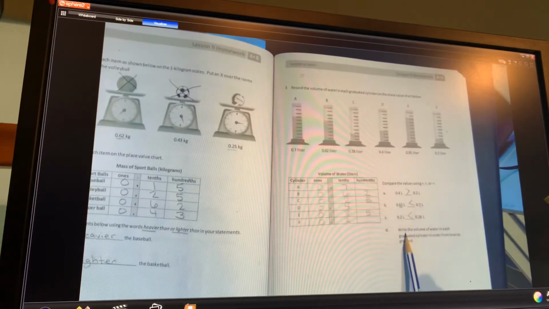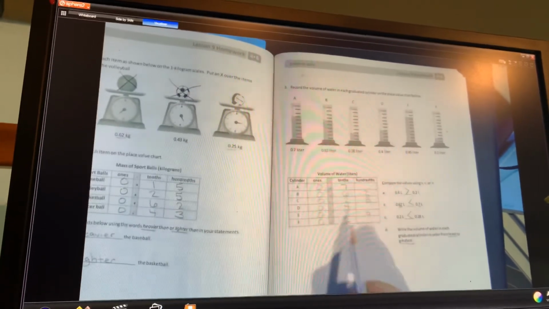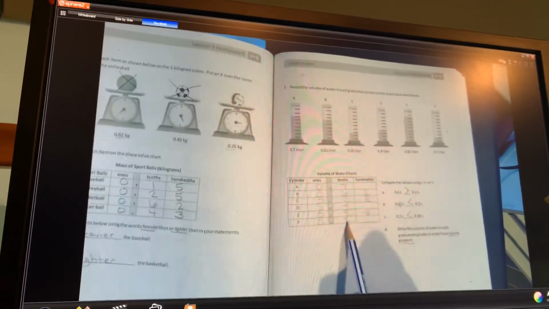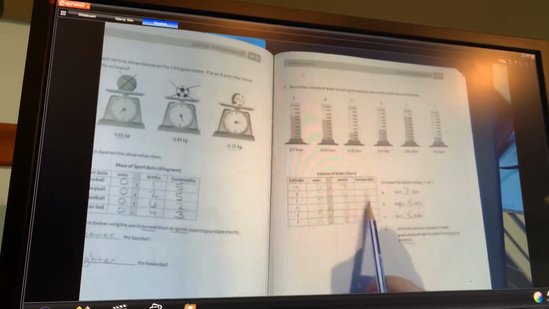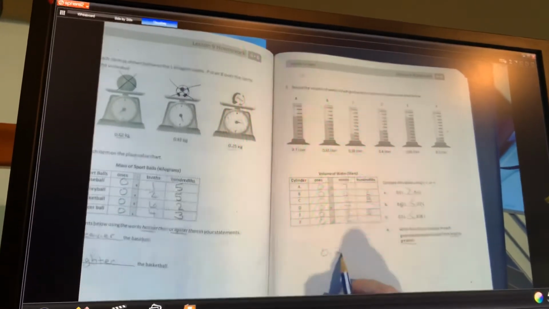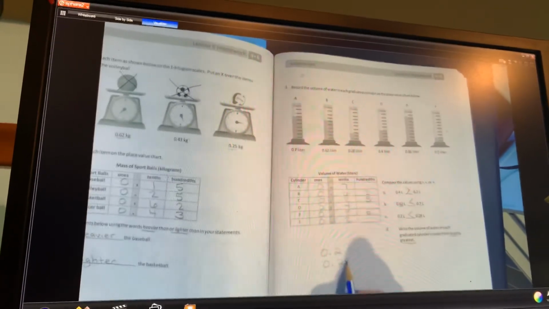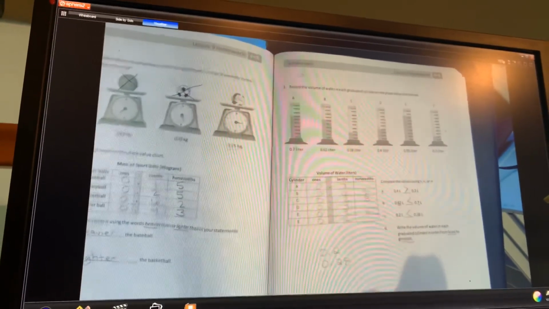Now they want us to write the volume of water in each graduated cylinder in order from least to greatest. So starting with the smallest, as I look in here, 2s are the smallest. We have 2 with nothing and 2 with 8. So our 2 with nothing, that's going to be first, followed by the 2 that has something with it, right?